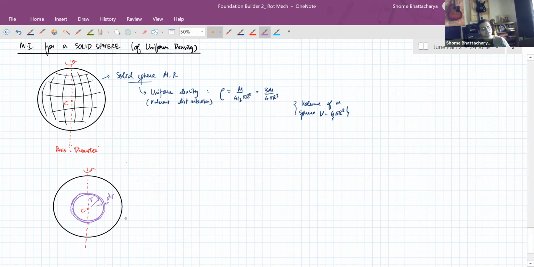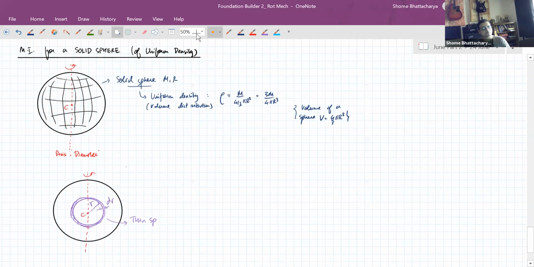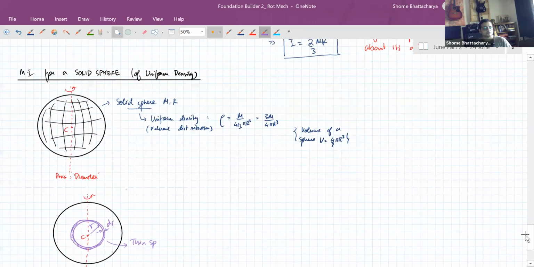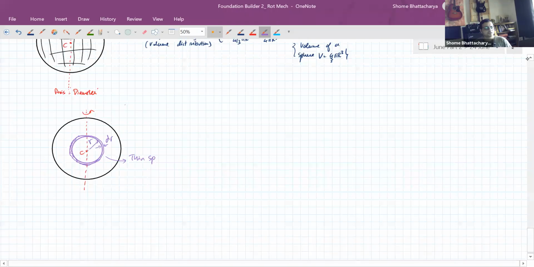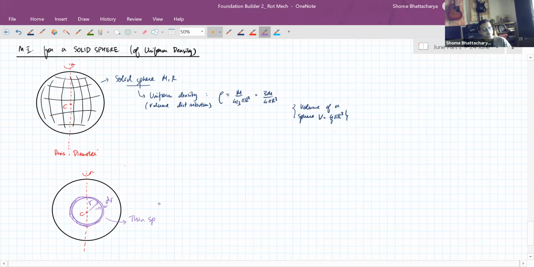So for this thin spherical shell of mass dm, radius r, thickness dr, the moment of inertia about this axis will be 2 by 3 dm into r square.